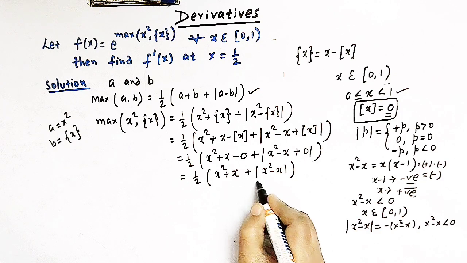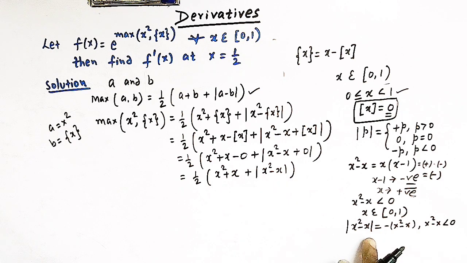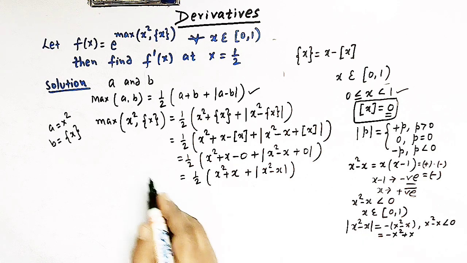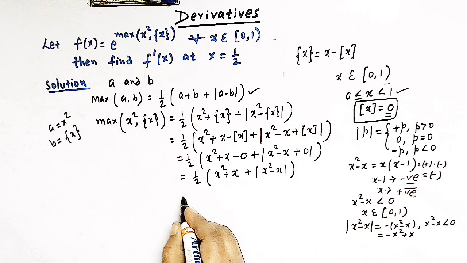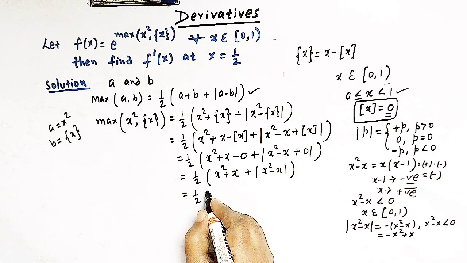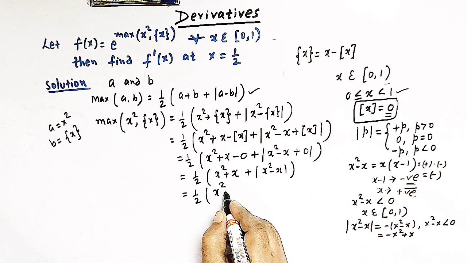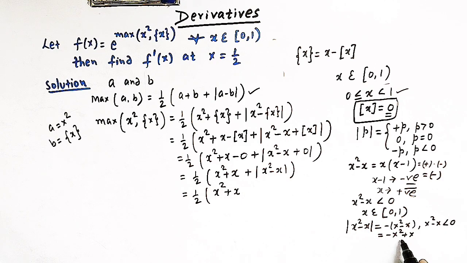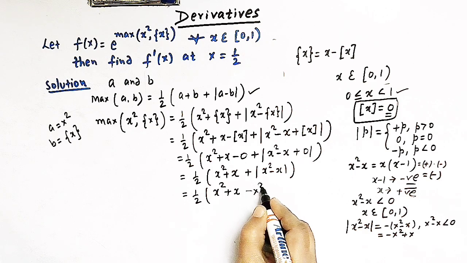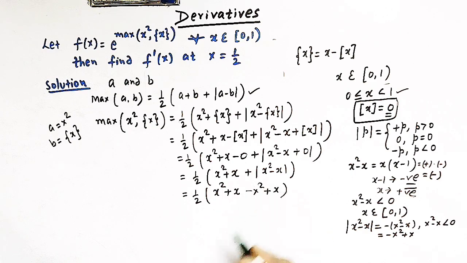So now replacing mod of x square minus x by negative of x square minus x, that is minus x square plus x, the maximum of x square comma fractional part of x becomes half, and here we have x square plus x, and mod of x square minus x is negative x square plus x, right?